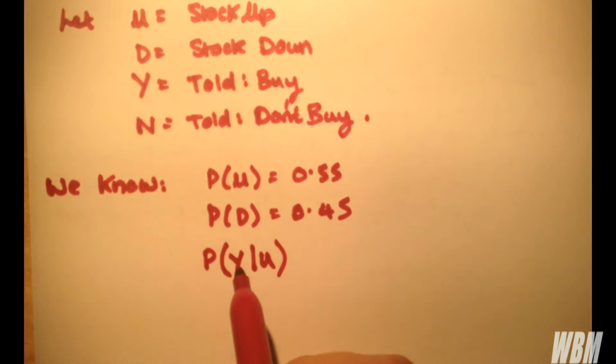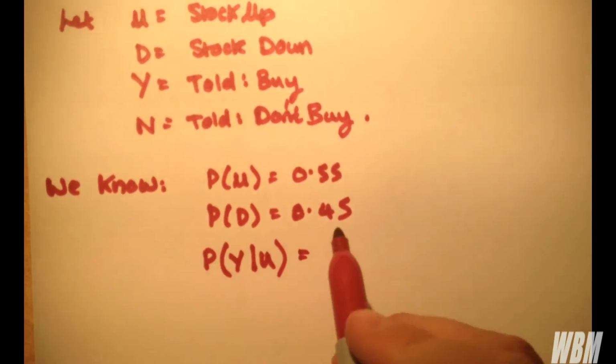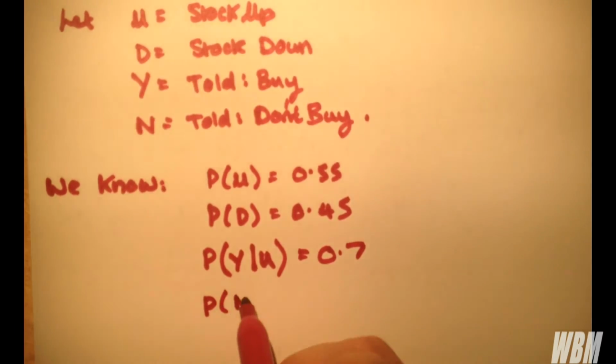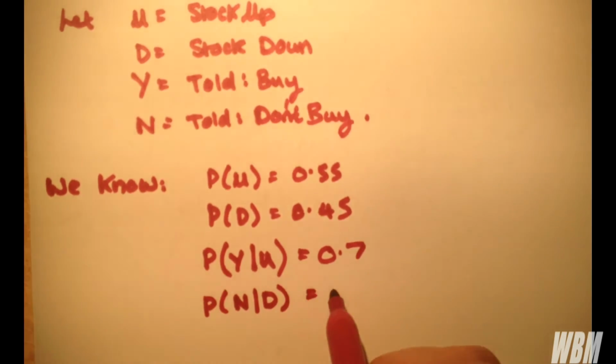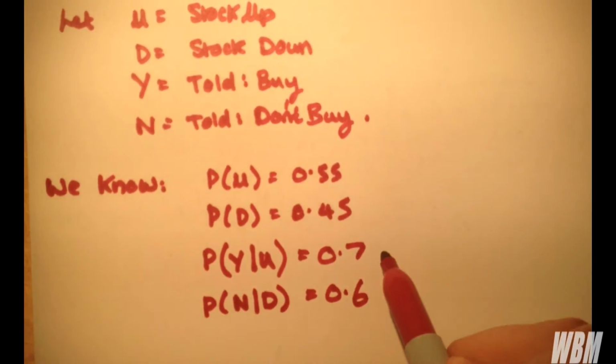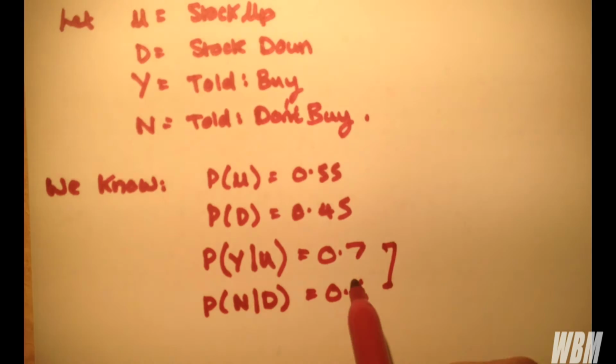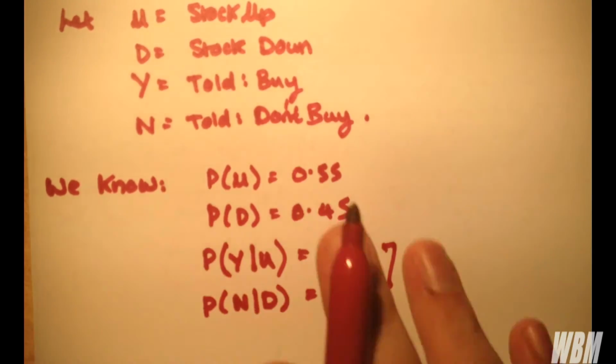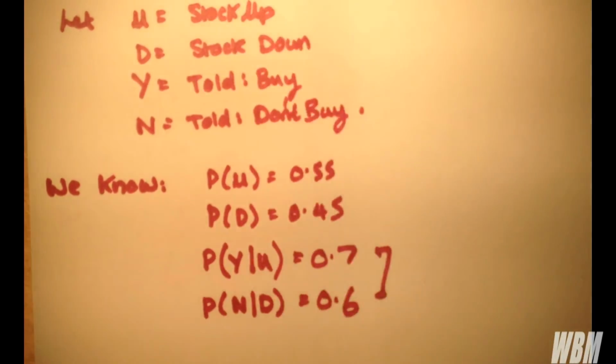So the probability that the financial advisor will say yes given that it has gone up is 0.7, and the probability that he'll say no given it's gone down is 0.6. Now crucially, we also know the opposite of these values. The probability that he will say no given that it's gone up is of course 0.3, and the probability that he'll say yes given that it's gone down will be 0.4. So bear that in mind if you're calculating your probabilities for your decision tree.